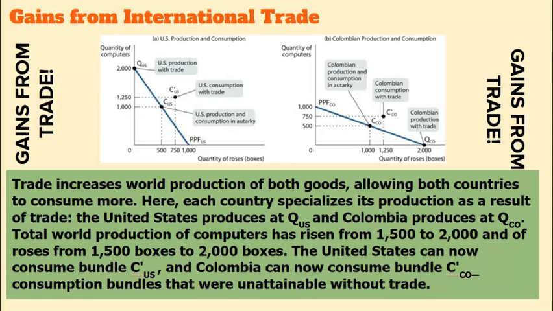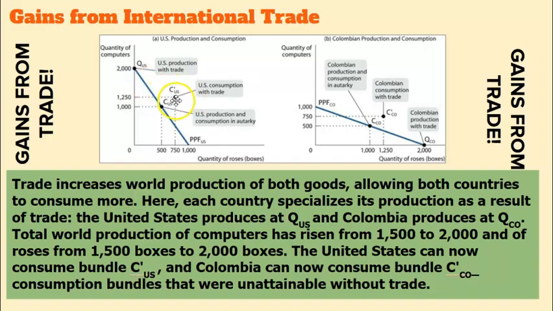And if you note here where it says C.US or C1, I think, and then it has U.S. consumption with trade, notice that the United States can consume more in flowers than they can produce, right? They can consume more in computers than they produce if they're producing both in autarky. But the idea is they can't produce beyond it.